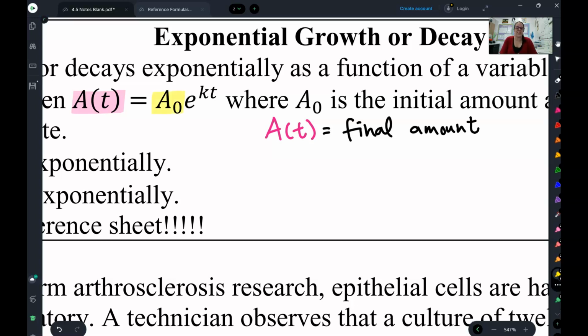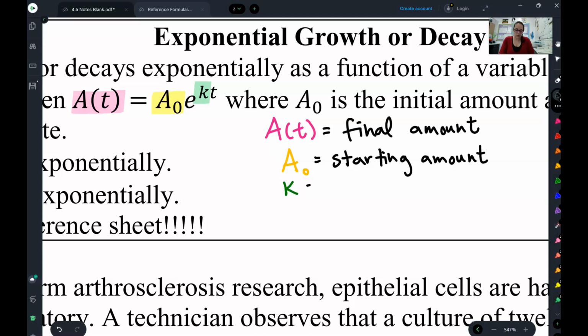This A with the tiny little 0 next to it, we call that A naught. A naught is our starting amount. K is my rate of growth. Like I said, very familiar.